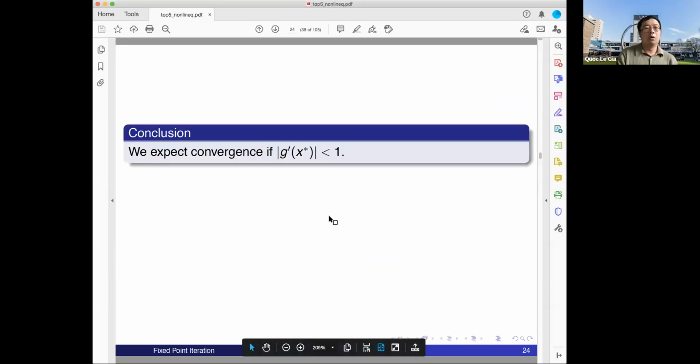So now you expect convergence if the absolute value of g prime is less than 1.